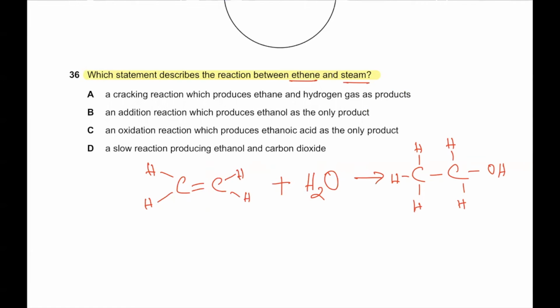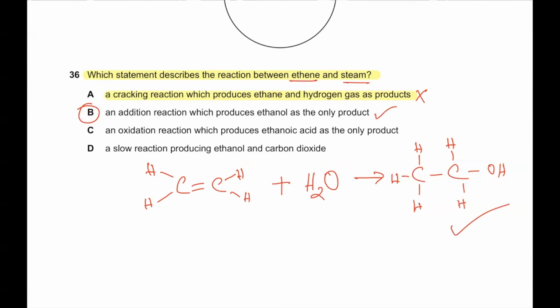So which statement describes the reaction between ethene and steam? A cracking reaction which produces ethane and hydrogen gas as a product? No, definitely not. Addition reaction which produces ethanol as the only product? Yes, we can see ethanol is the only product. Yes, this is the correct statement. B is correct.